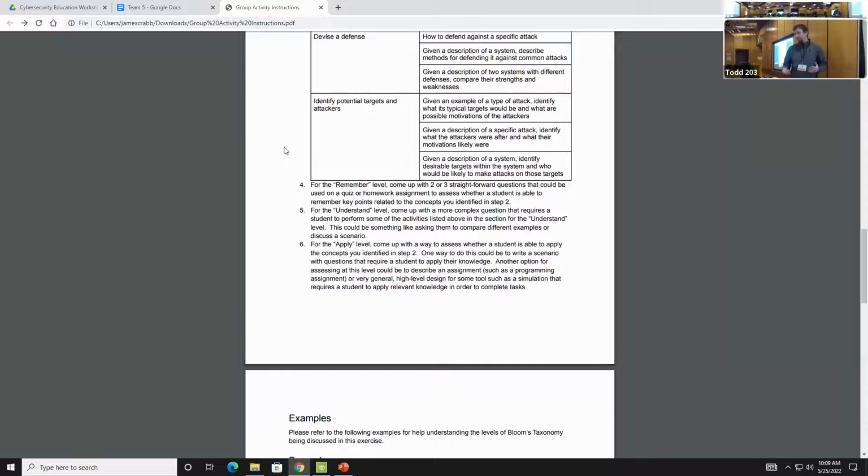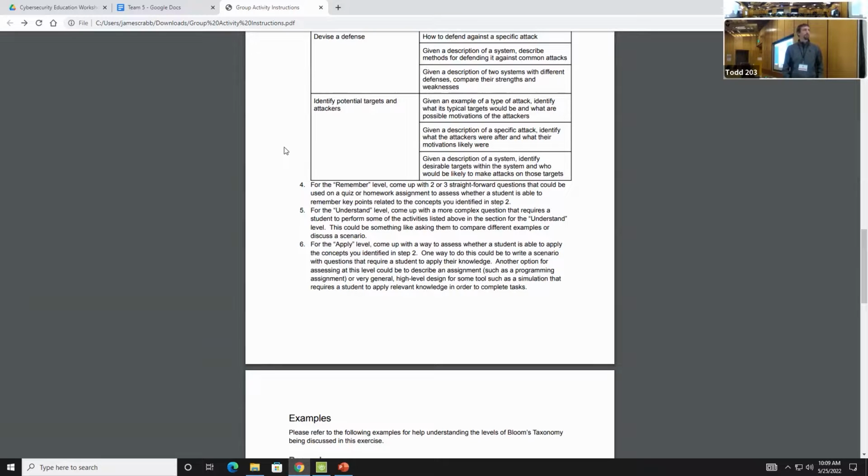One way to do this could be to write a scenario and then questions that go along with that, like you saw with the CCI, or maybe you just come up with a high-level description of some sort of simulation or tool, like a capture the flag online type thing, that asks students to apply these topics that you're working with.